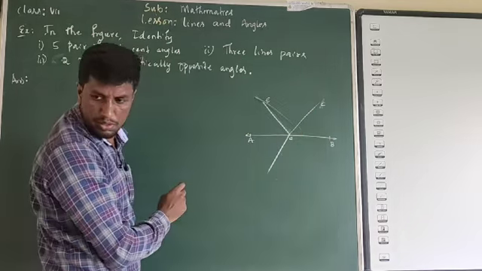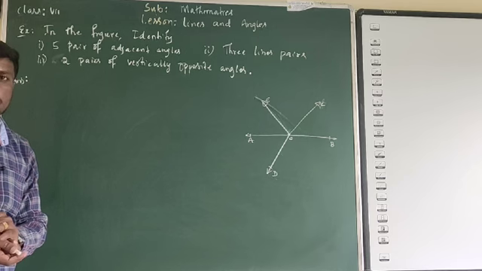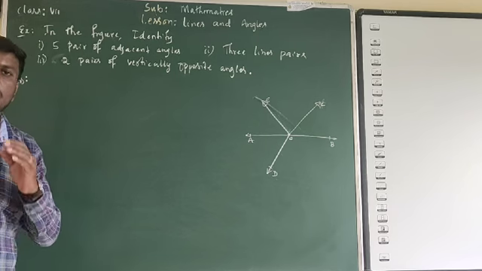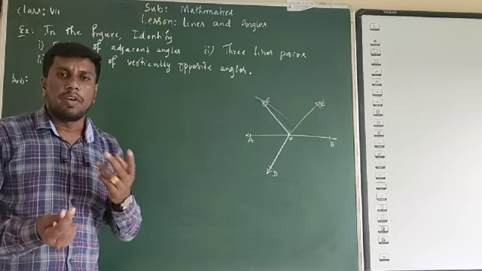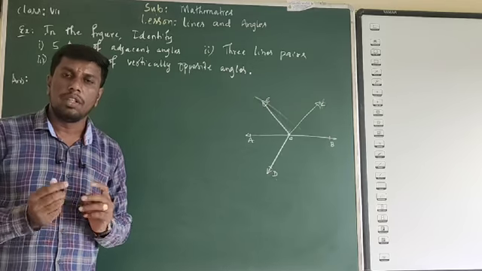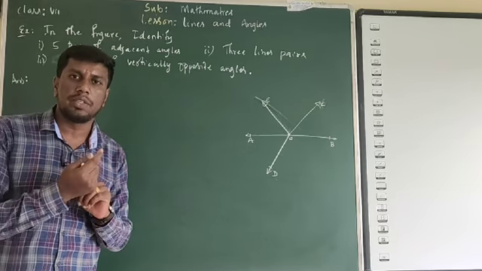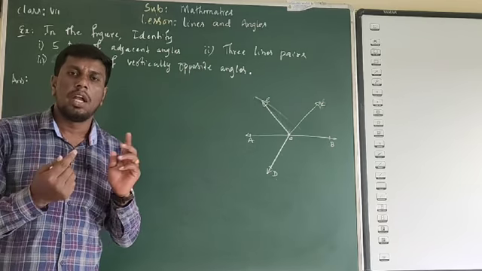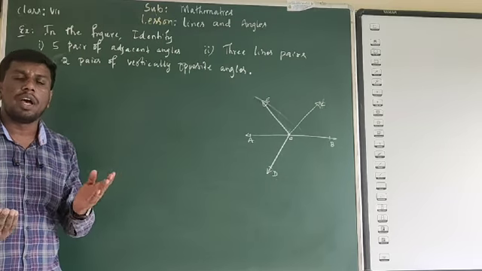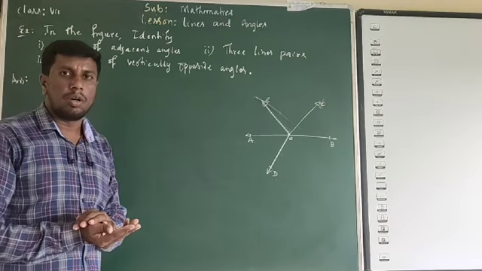In the figure, you should find 5 pairs of adjacent angles. What do you mean by adjacent angles? If you want to call a pair of angles adjacent angles, then there must be a common arm between those two angles, and there must be a common vertex, and the non-common arms should lie on either side of the common arm.